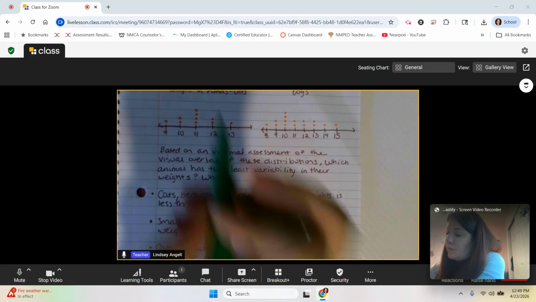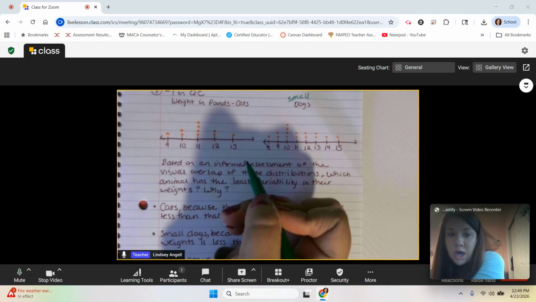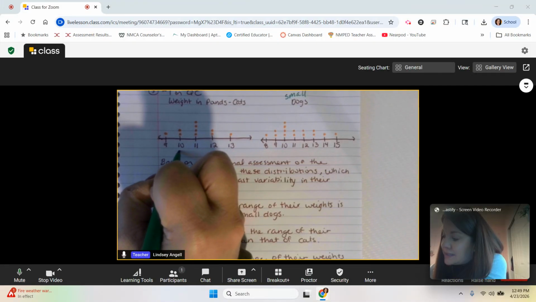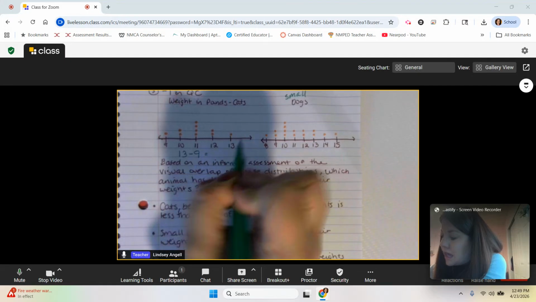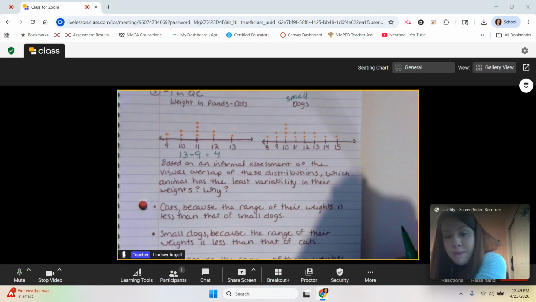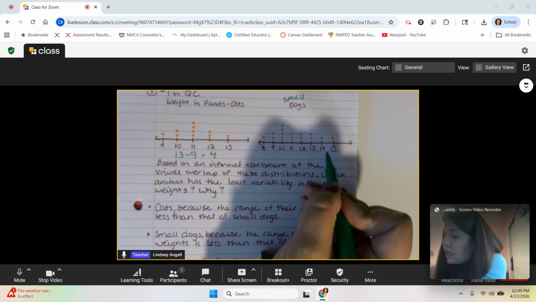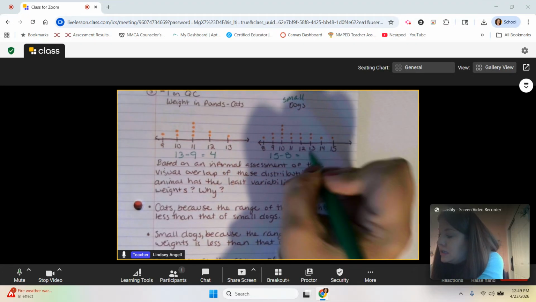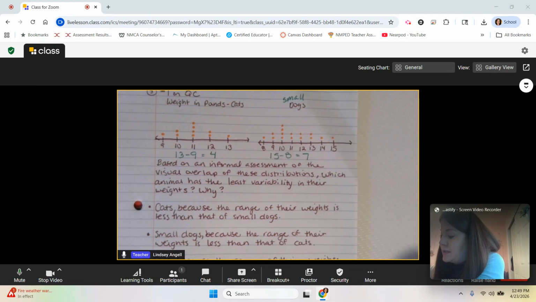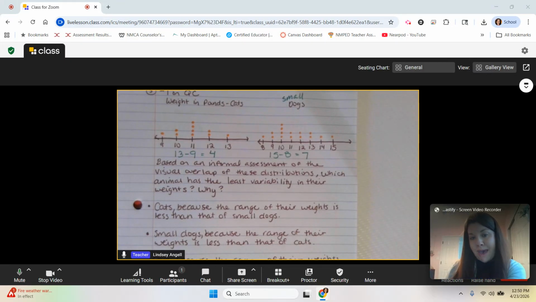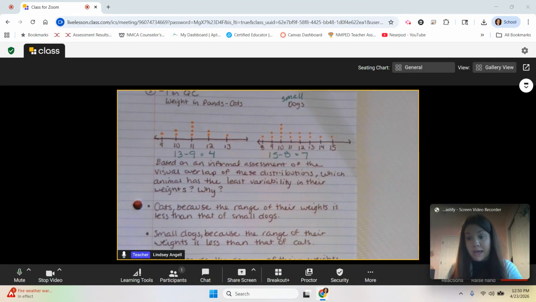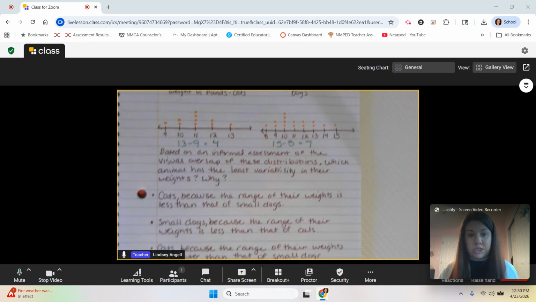For the range for cats, we would do 13 minus 9, which gives us a 4-pound difference. And then for dogs, we have 15 minus 8, which gives us a 7-pound difference. So right off the bat, cats have a smaller variability because they have a smaller range.